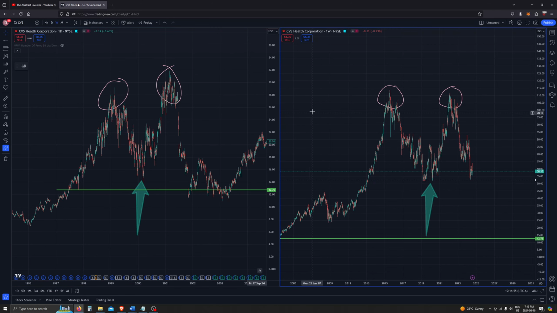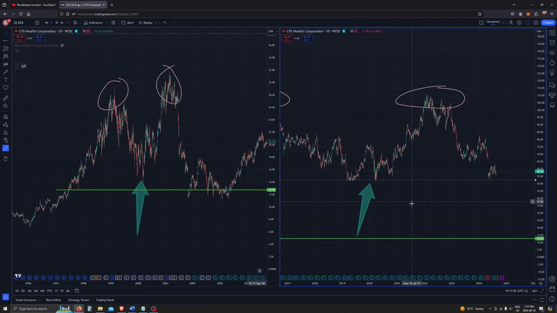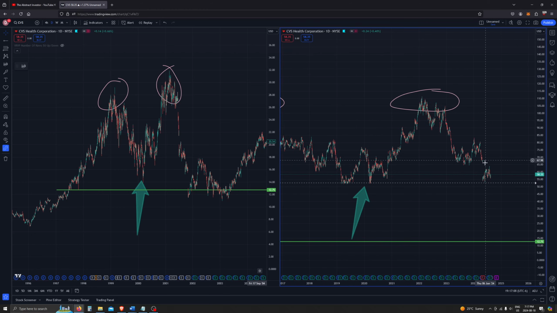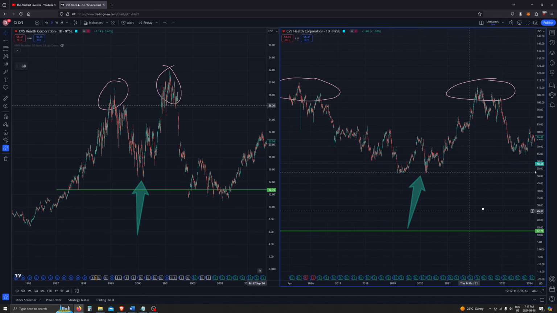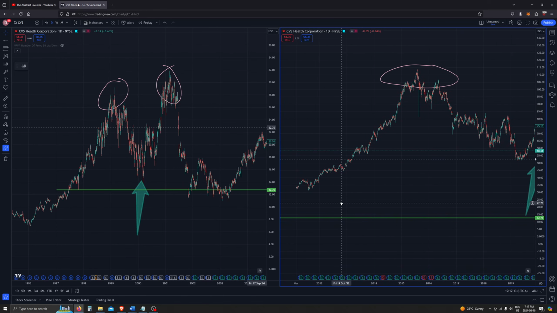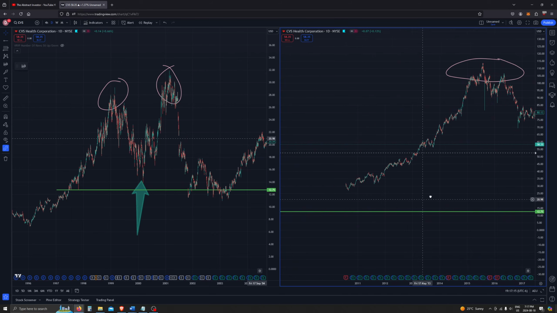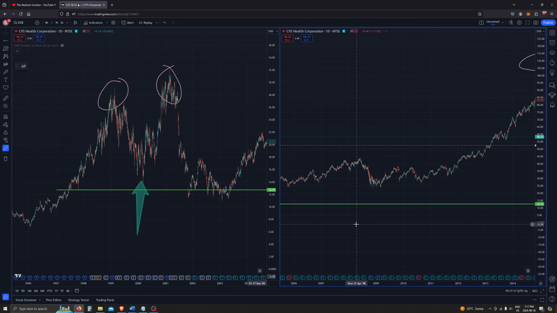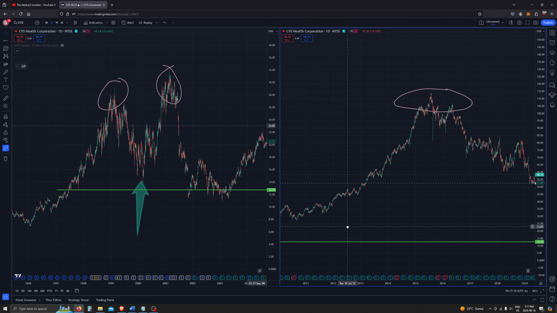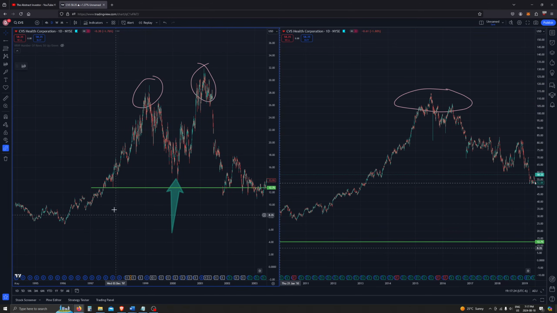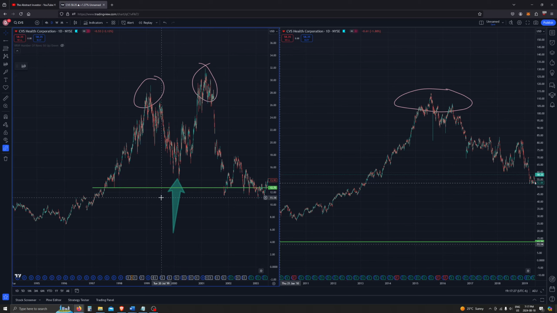I'm just going to get off the weekly time frame on the newer pattern. Maybe let's put it on the daily first. You can see that gap there that I was talking about, but we'll get into that in a second. So I'm looking for where this line ended up as a potential bottom.